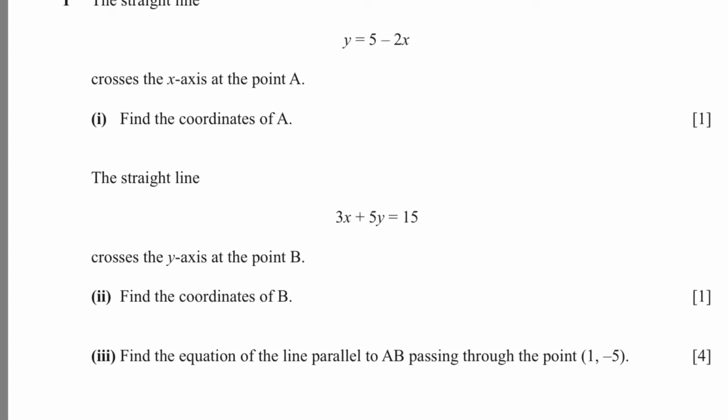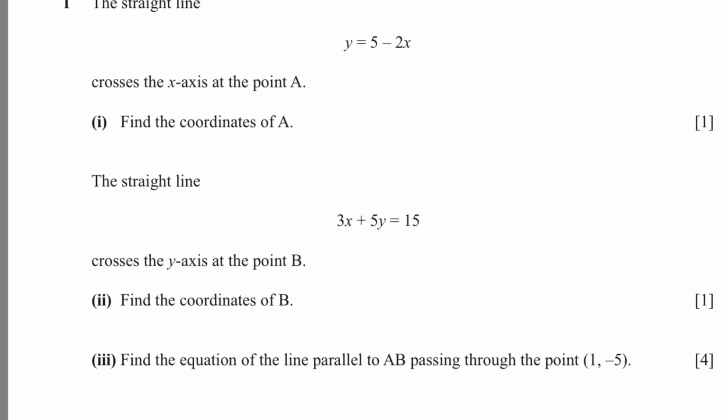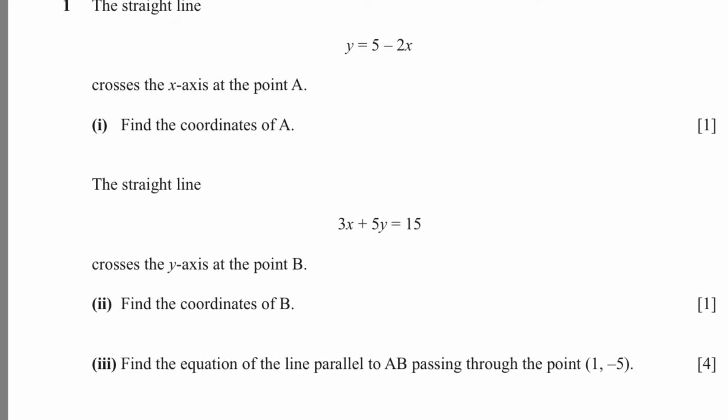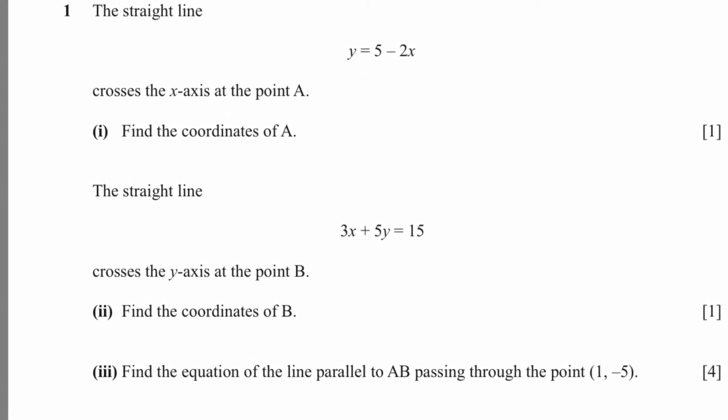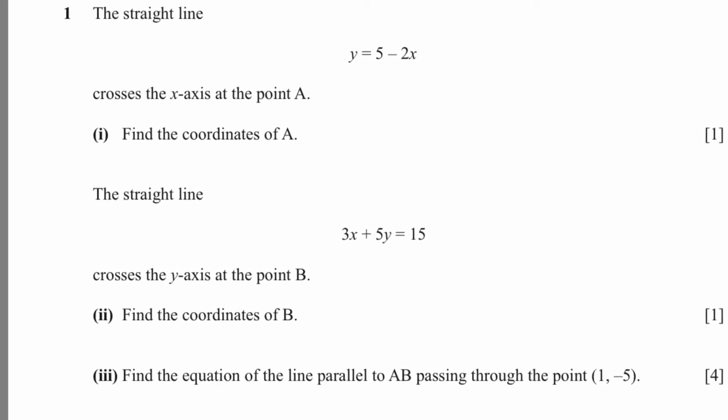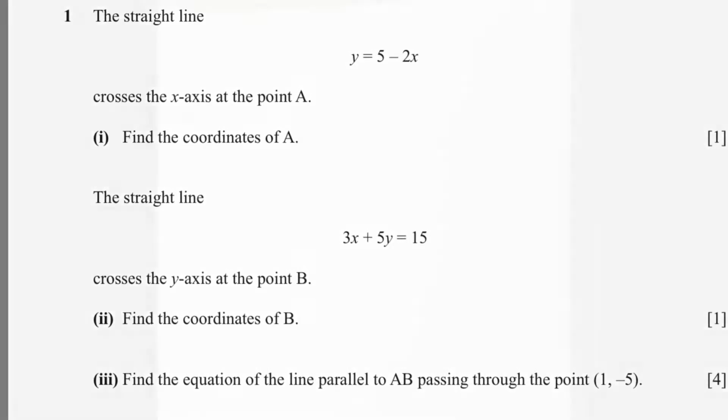Finally, you have to find the equation of the line parallel to the line AB and passes through the point 1, -5. Note that this question is 4 marks and we need to pay good attention to the mark scheme.